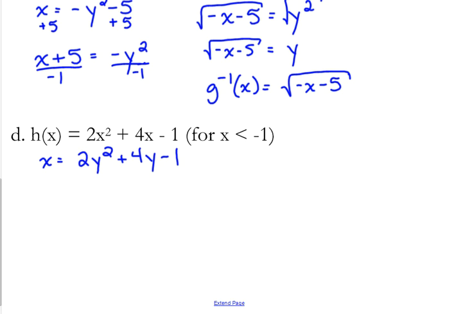We cannot completely get y by itself the way that it's written. I'm getting ready to show you in a minute some multiple choice strategies to handle this one. But I wanted to point out that we can't find the inverse. It's not that the inverse doesn't exist. There is an inverse here, but we just can't find it with the way that it's currently written.